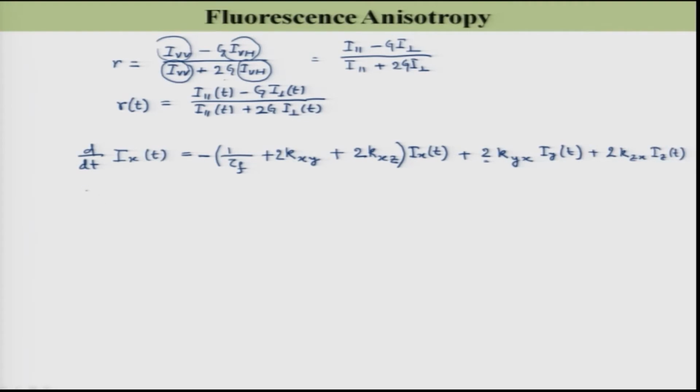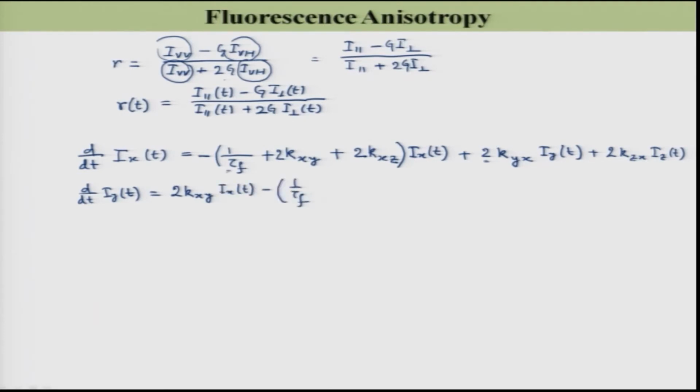Similarly, I can write d dt of I y t equal to, and the rest follows simply as I said for the d dt of I x t. The rest of the things is very similar, I am just writing it over here: k x y I x t minus 1 over tau f.